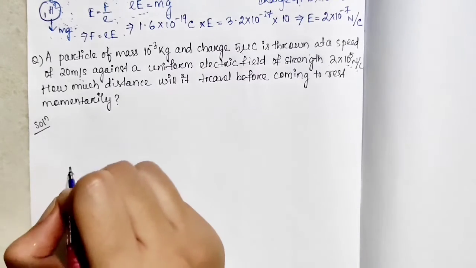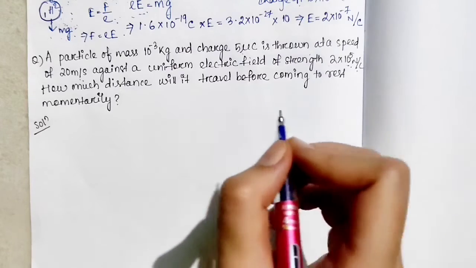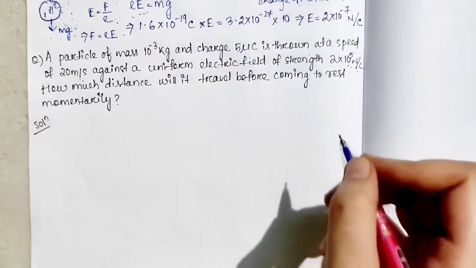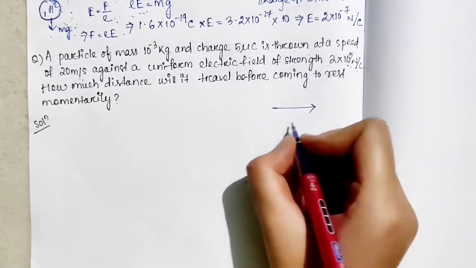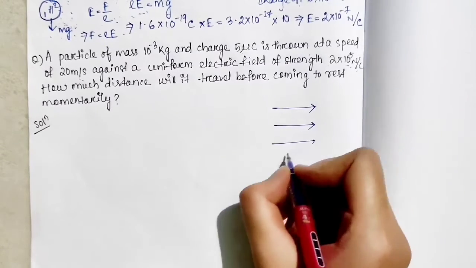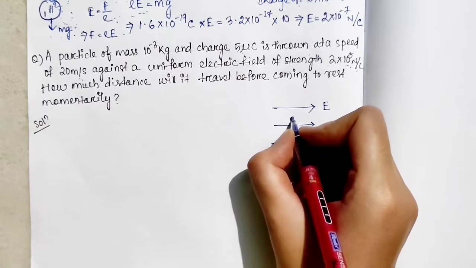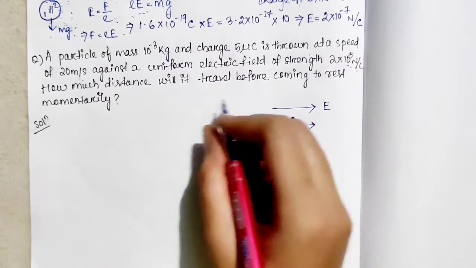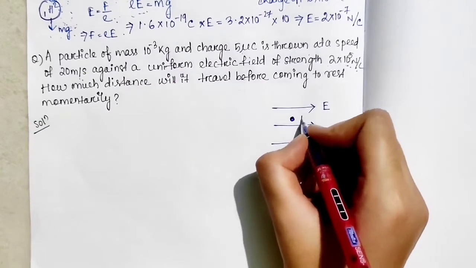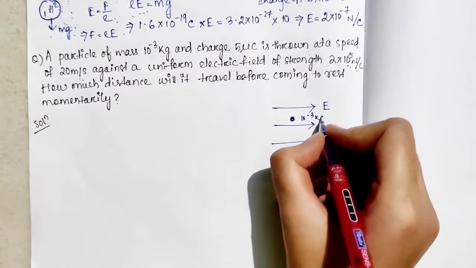Okay. So first let's draw the figure. Let's consider this is our electric field E. Here is our particle that has mass 10 to the power minus 3 kg.